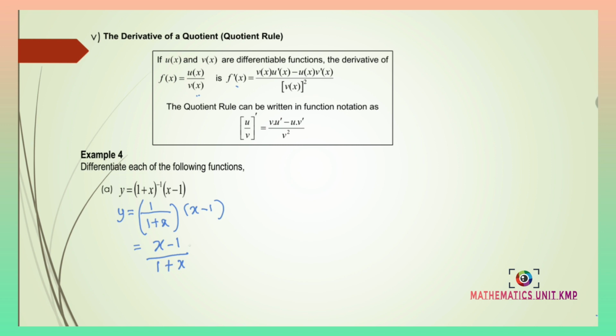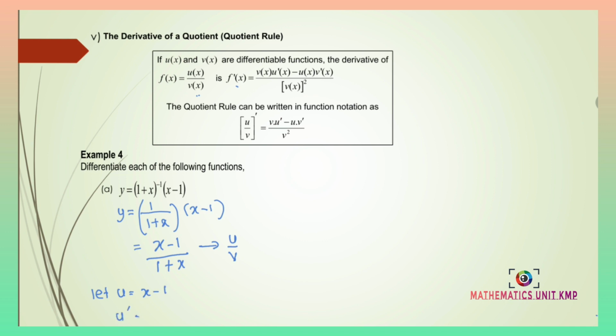Now, because we are going to use the quotient rule, u over v, let u equal x minus 1.